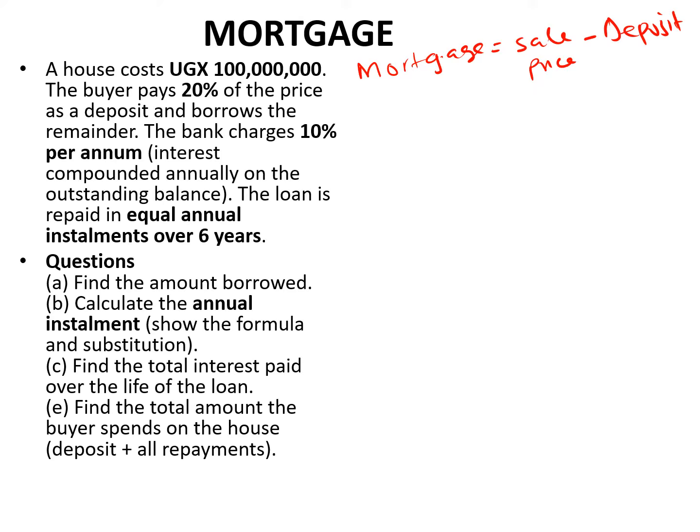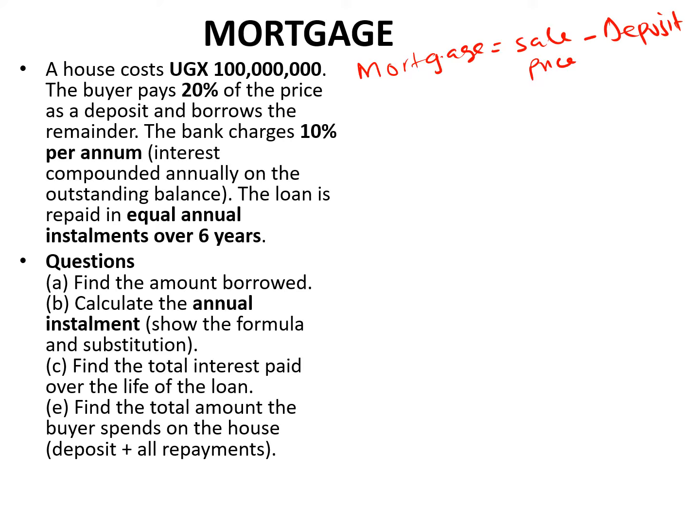Now, you then repay the remaining money in installments depending on the rate that the bank may be willing to charge, and also the time that the bank is willing to give someone who has taken the loan. So here we find what is mortgage. That is the sale price or cash price, then minus deposit.